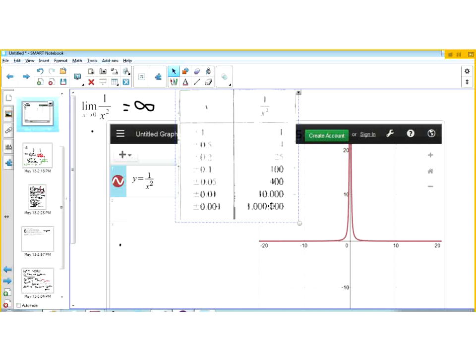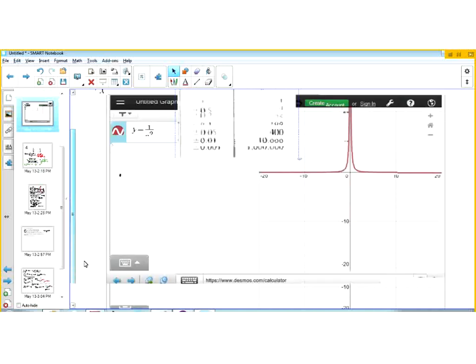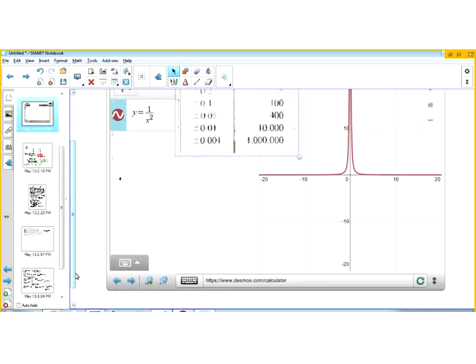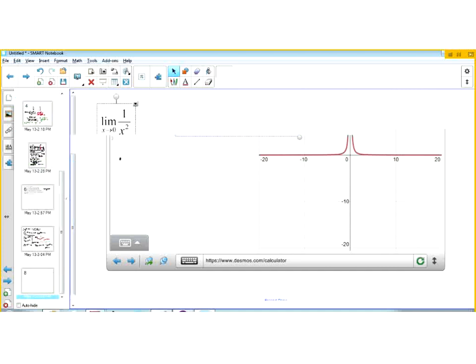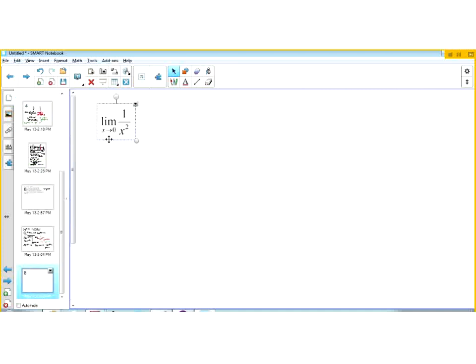So there's a demonstration of an infinite limit. Okay, so a couple more pictures I want to show you. Okay, so we've solved this problem. Some conceptual drawings, that is.